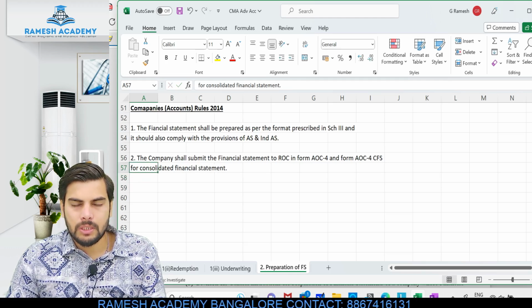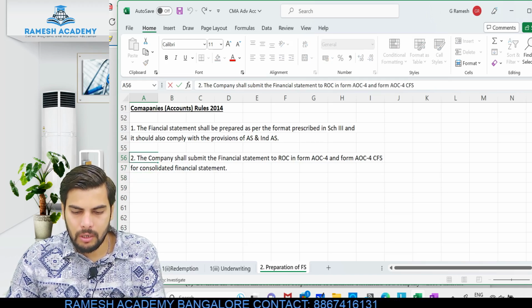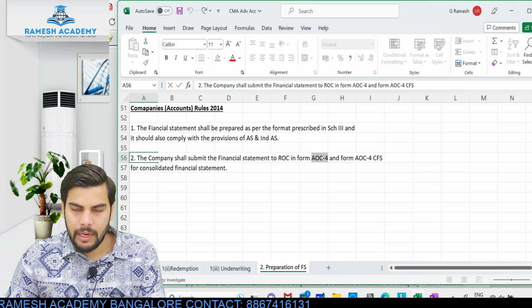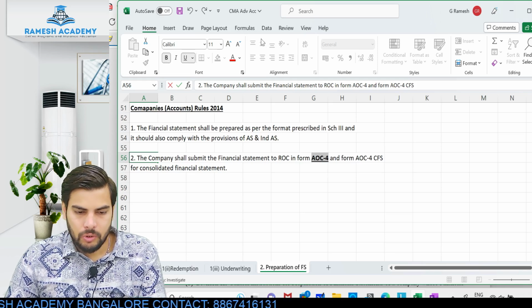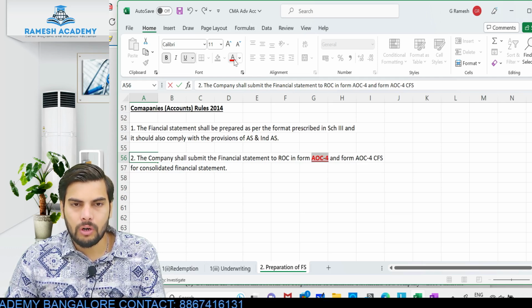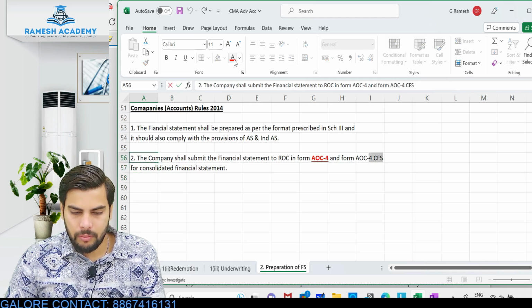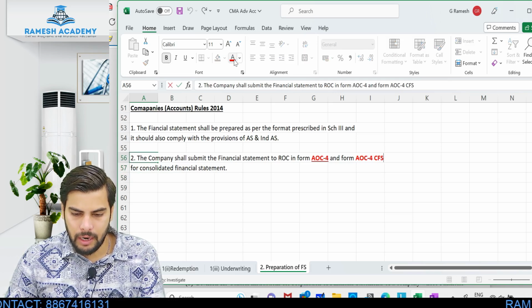Just try to remember this form number. AOC4 is the form number. If they are asking any MCQ question, just remember this. So Form AOC4, and if it is a consolidated financial statement, it would be AOC4 CFS. CFS stands for consolidated financial statement.